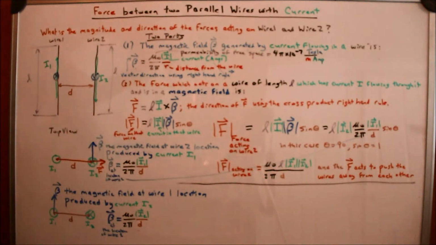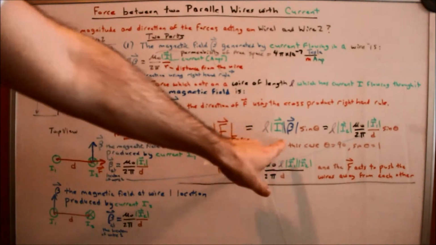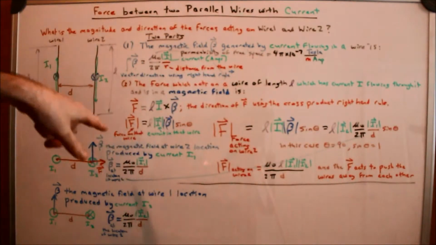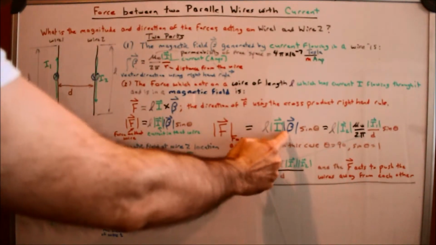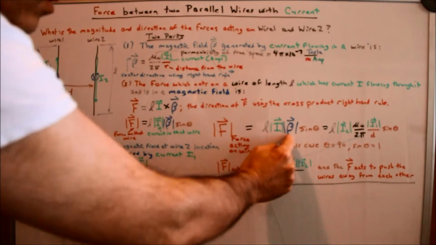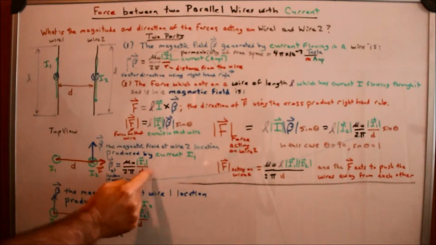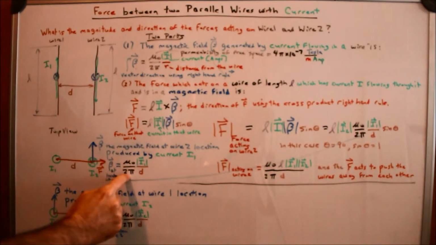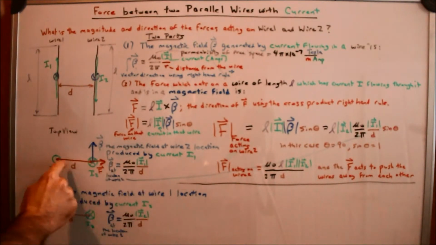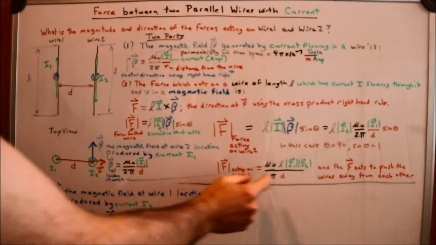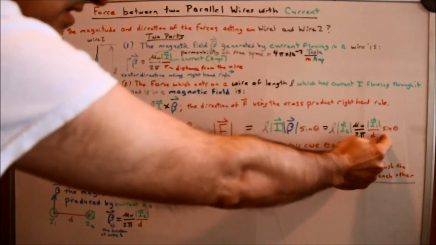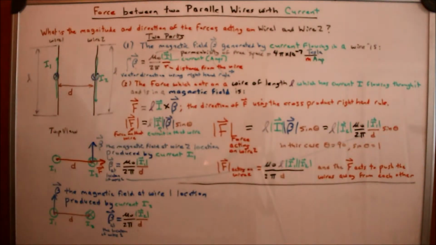Okay, so that's going to be my I2. So that's the current in that wire, and that's the magnitude of that current. The magnitude of the magnetic field at that location, location 2, we've already determined is the permeability of free space over 2 pi times the current from the other wire over d. So let's put that in there, and then this is the sine of theta.